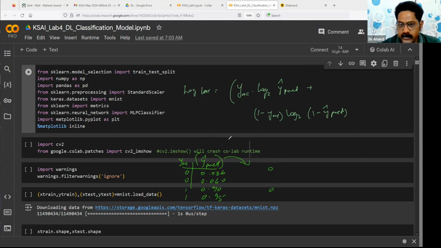Whenever you do model.predict_proba for your test record or even training record, if you print, it will show you 2 columns. The first column is for label 0. The second column is for label 1.